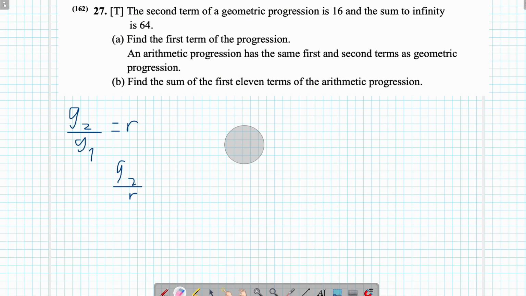So what I would do is G2 over r times 1 over 1 minus r, or divided by 1 minus r. You could do both ways. Is equal to 64. They gave us G2 already, so you plug this into the calculator.